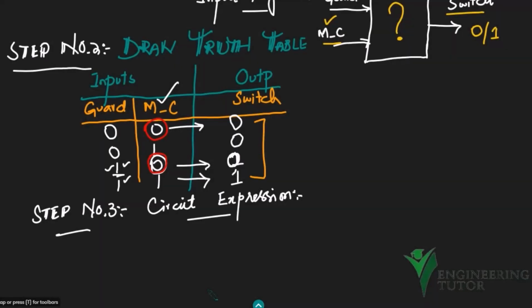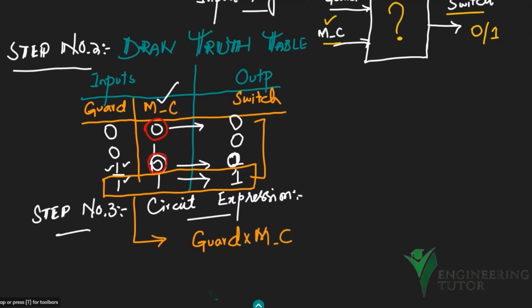I have to collect the rows where the output is 1, and from here I can very easily see that the expression is guard multiplied by MC. That is the output expression.